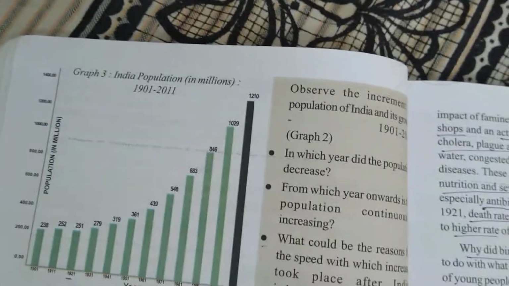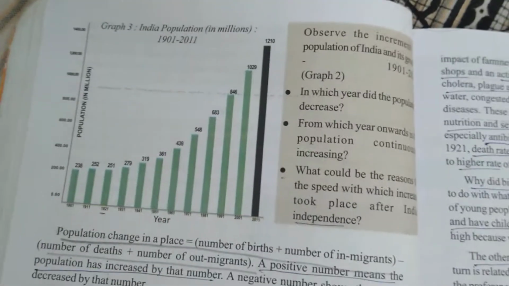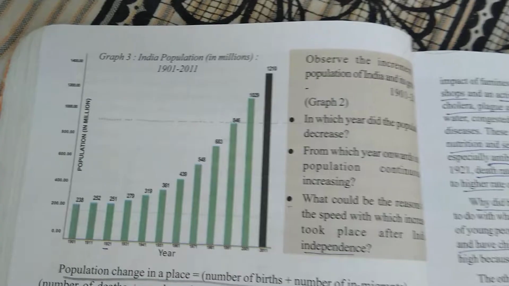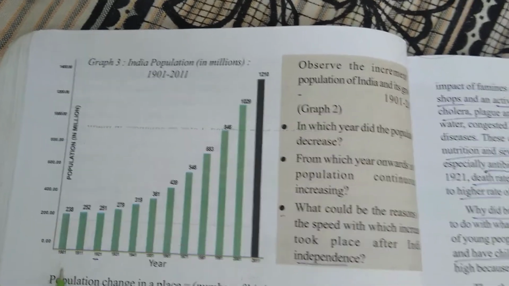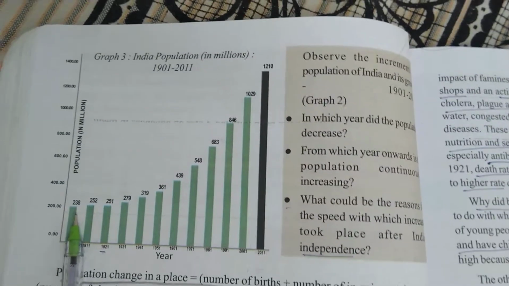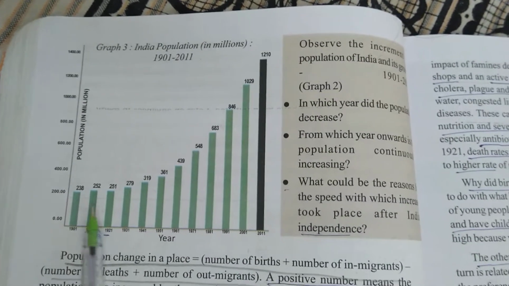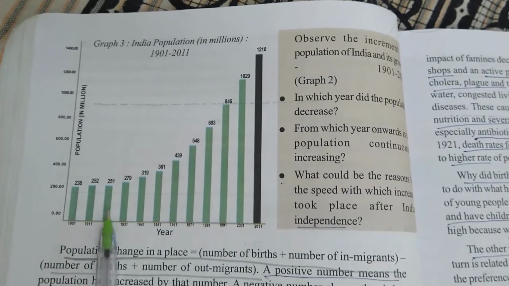Next, you can see here India's population from 1901 to 2011. One graph is given in millions. In 1901 there was a 238 million population, in 1911 252, in 1921 251.